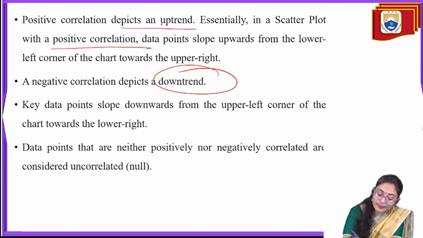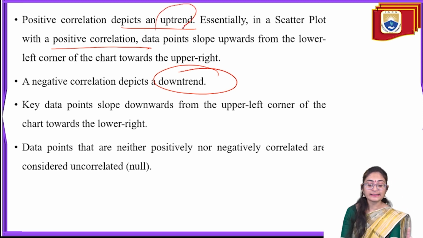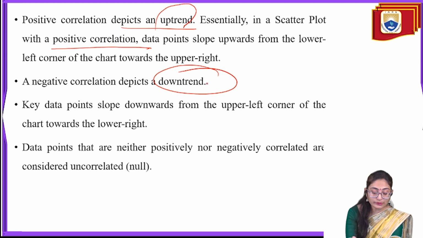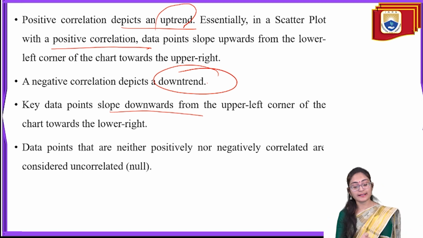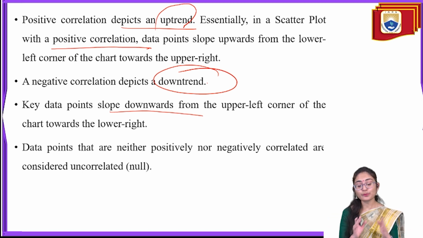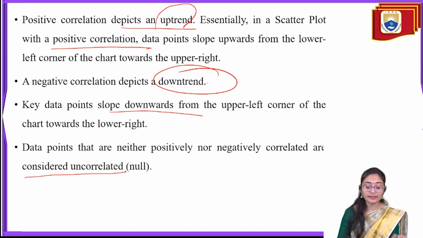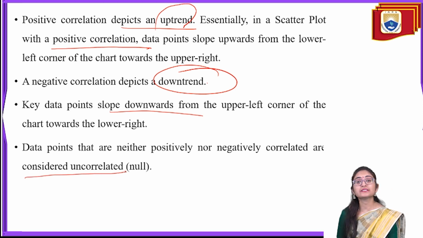Positive correlation depicts an uptrend and the negative correlation depicts a downtrend. The key data points slope downward from the upper left corner of the chart towards the lower right. So data points that are neither positively nor negatively correlated are considered uncorrelated, which is called the null.